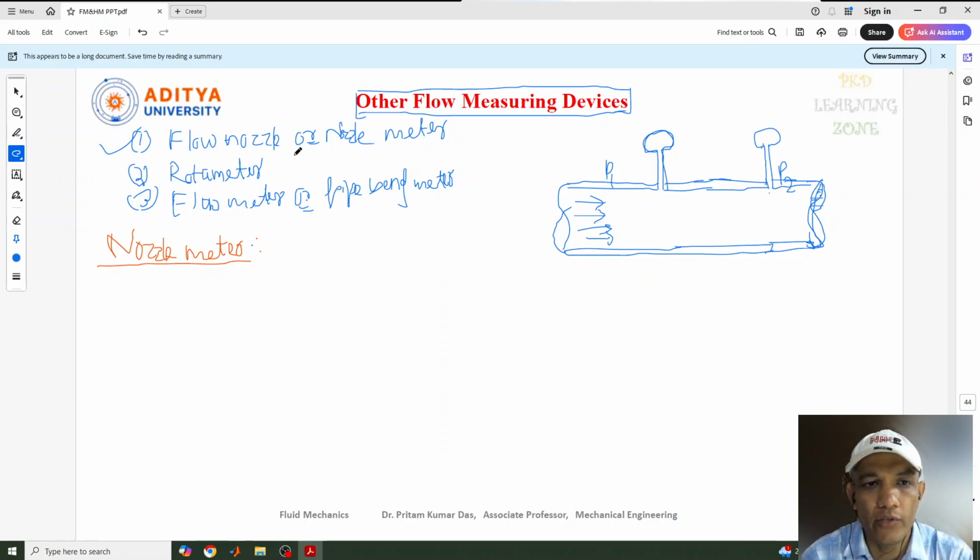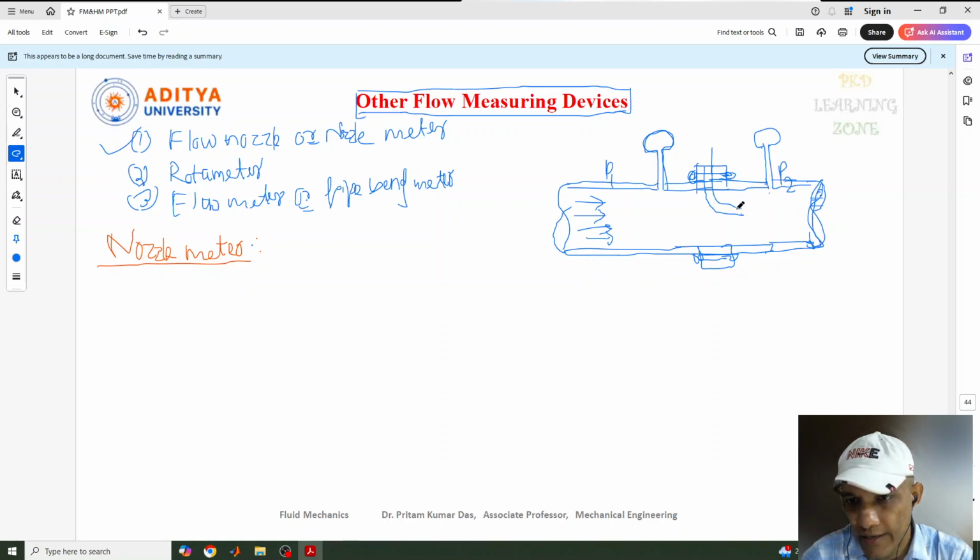So what about this flow nozzle or nozzle meter, where is it? Here we need to fit a nozzle meter with some nut and bolt. We need to keep it at this point. To fit the nut and bolt, we'll take some couplings and fit them here, and through this we enter the nozzle meter.